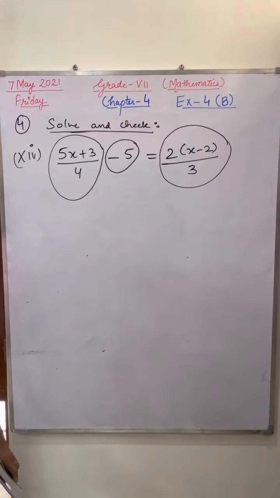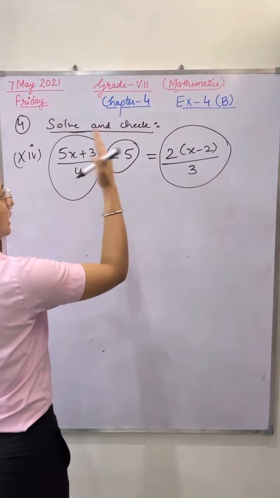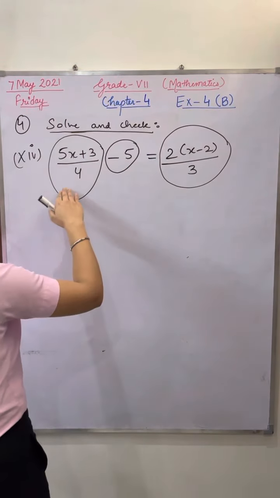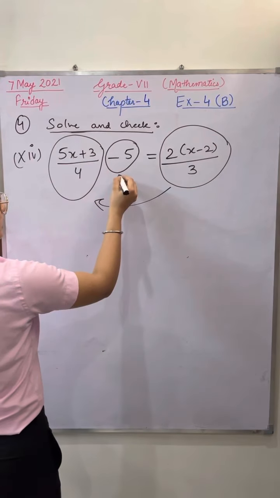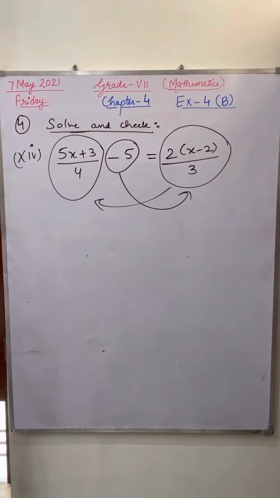This is the constant. So the rule is that you have to shift the variables to the left hand side and the constants to the right hand side. This was the rule I told you.